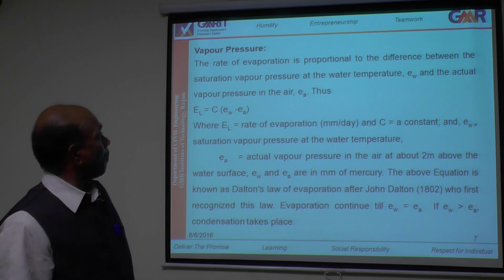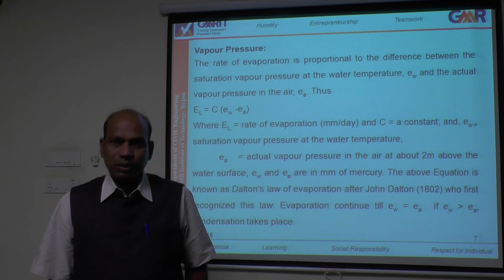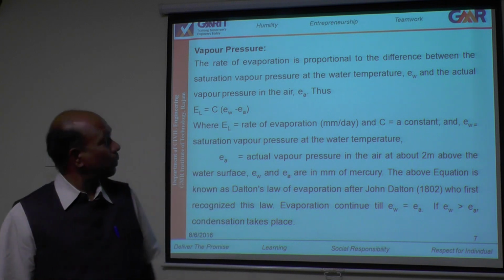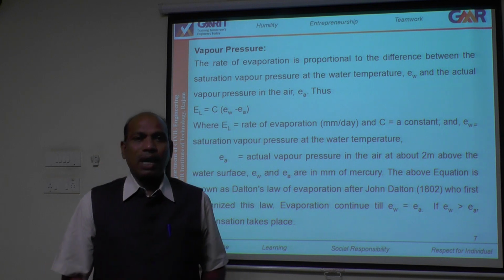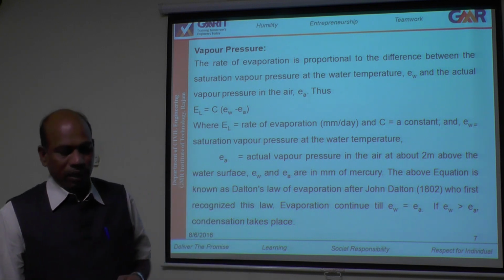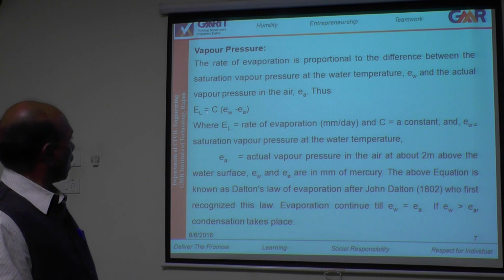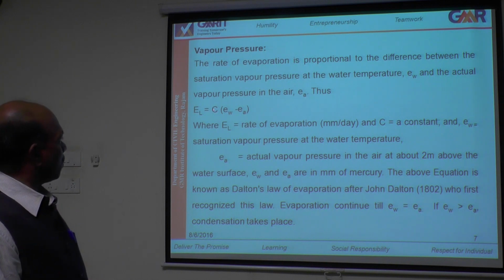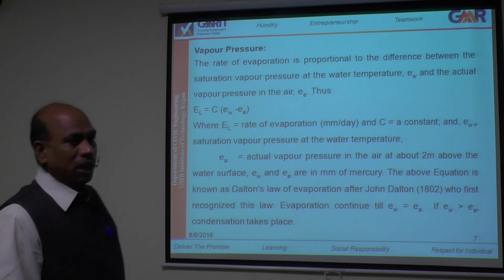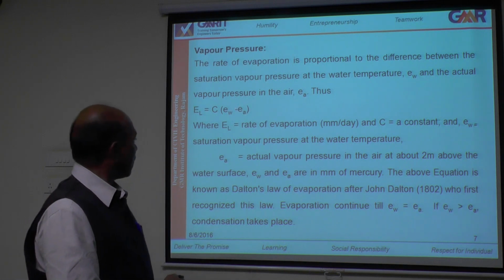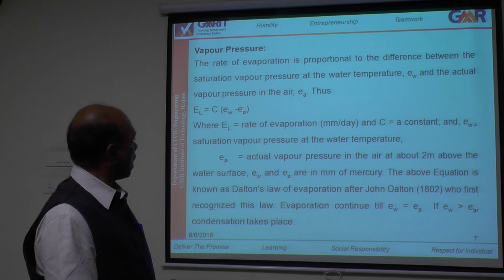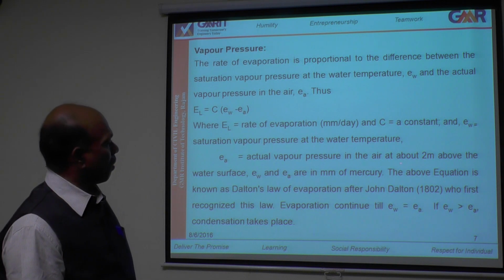Right? Vapor pressure. So what is vapor pressure? The rate of evaporation is proportional to the difference between the saturated vapor pressure at the water temperature and the actual vapor pressure in the air. Then the rate of evaporation EL equals C into (EW minus EA), where C is the constant, EW is the saturated vapor pressure at water temperature, and EA is the actual vapor pressure at 2 meters above the water surface.